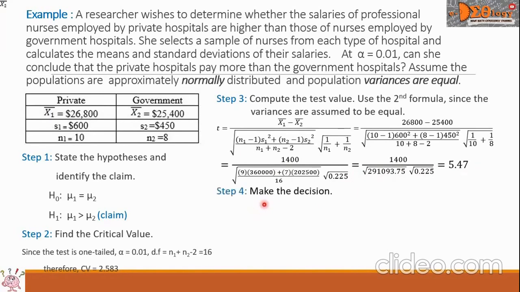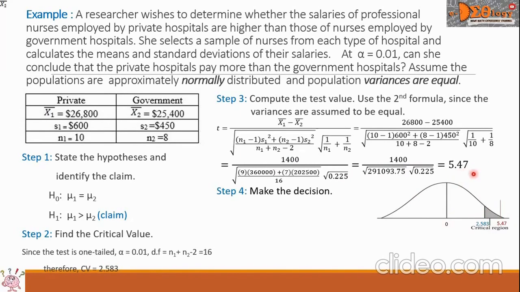Now, step 4, let us make the decision. Let us consider our figure here, the normal distribution, 0 at the center. The critical value, which is 2.583, is placed in between the critical region and the non-critical region. Now, consider the test value.